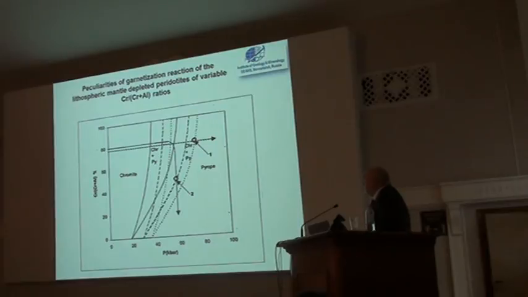A little bit about the garnetization reaction in the Siberian upper mantle. The beginning of this reaction depends on this ratio. It correlates with the level of depletion of peridotites, and if you have this ratio, chromium to chromium plus aluminum, say 0, this reaction will start here and finish in this spot.